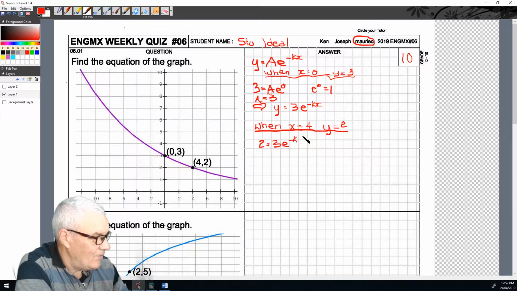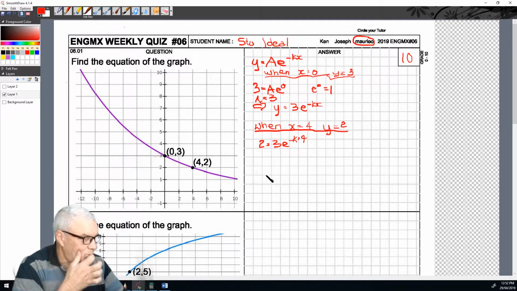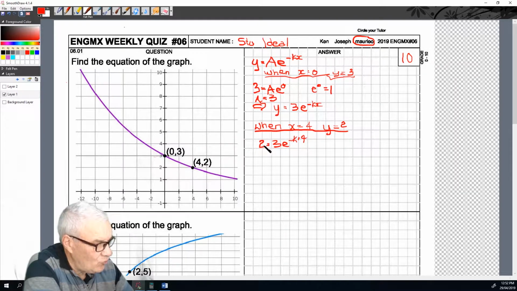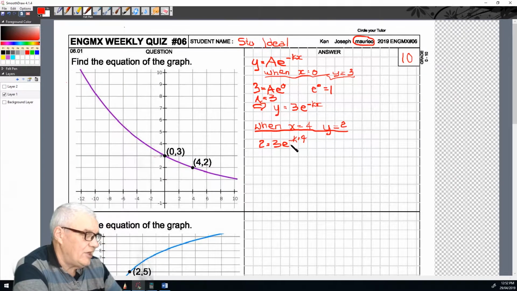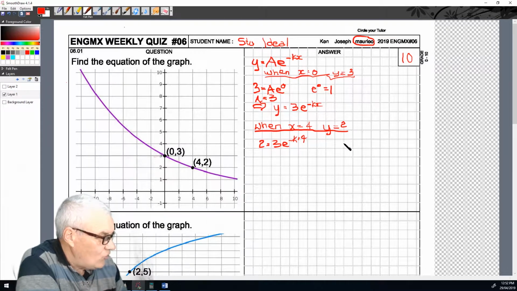We can put a little dot sometimes for times. Alrighty. Now looking at that, we've got 2 there and 3 times this thing here. So we really want to get e on its own because that's what we can deal with. So I'm going to divide both sides by 3.